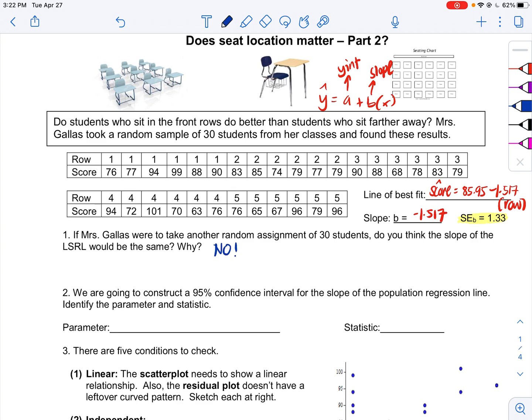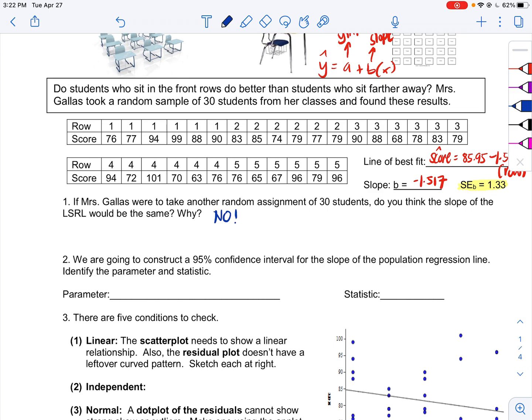We are going to construct a 95% confidence interval for the slope of the population regression line. We are going to identify the parameter and the statistic. By just taking a look here, we want a confidence interval for the slope of the population regression line.